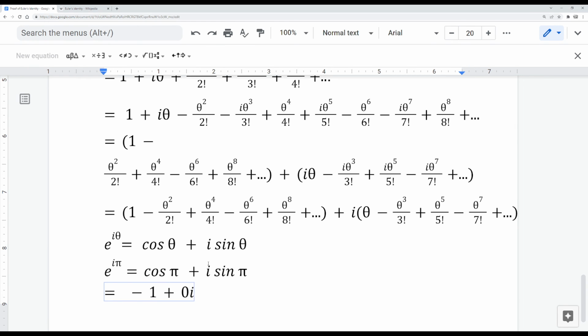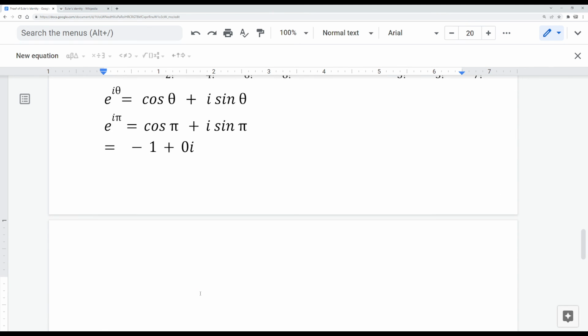Which then means that e to the i pi equals negative 1, because the 0i disappears. And finally, e to the i pi, moving the negative 1 over, plus 1 equals 0.